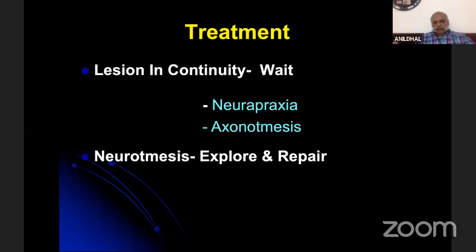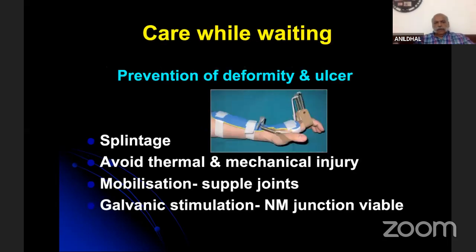How do we treat nerve injuries? If you're suspecting a lesion in continuity, just wait and watch at the rate of 1 millimeter per day, expect progression, and keep on doing muscle testing of the proximal most muscle supplied by that nerve at monthly intervals. If you're suspecting a neurotmesis, explore and repair.